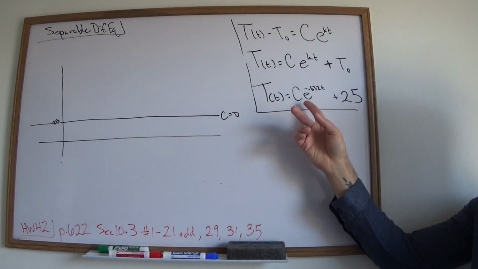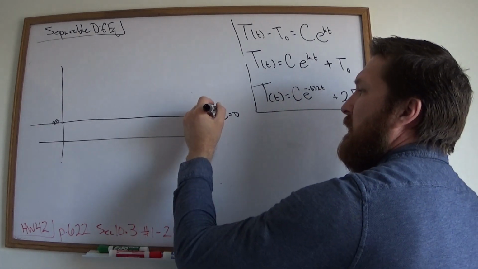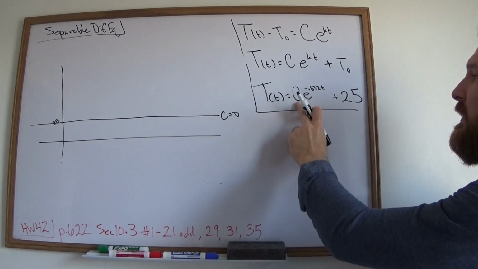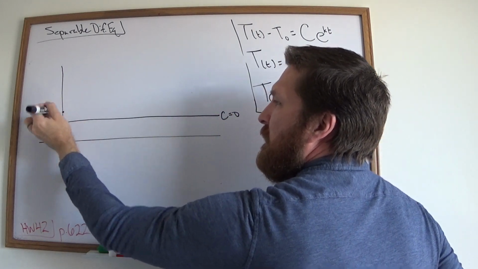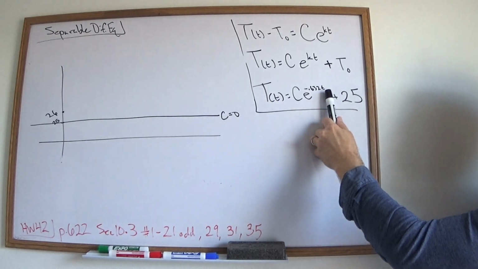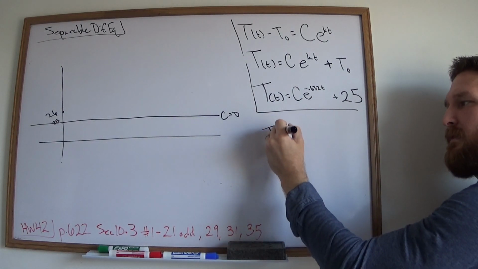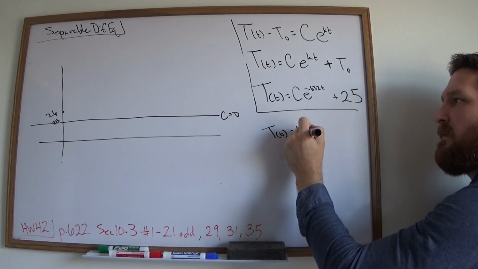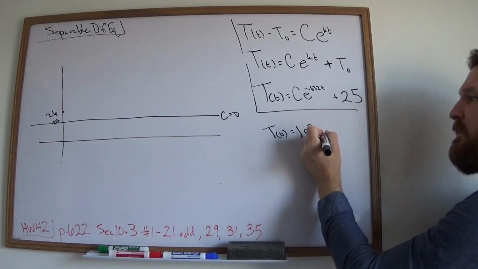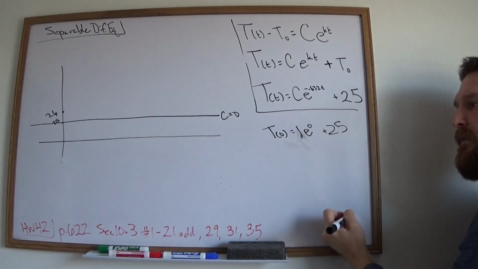Okay, now let's just think about families of functions. If C is equal to 1, then I guess he would go through here at 26, right? Because plug in a 0 for t, we're saying that C is equal to 1. 1 times e to the 0 plus 25, yeah?